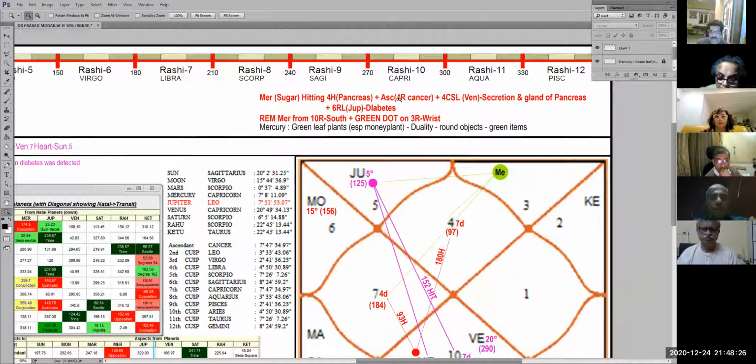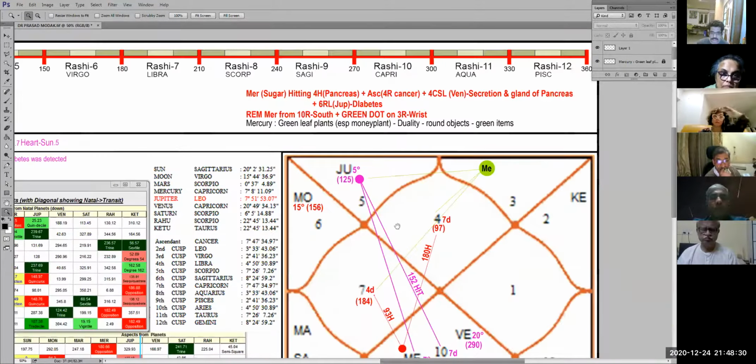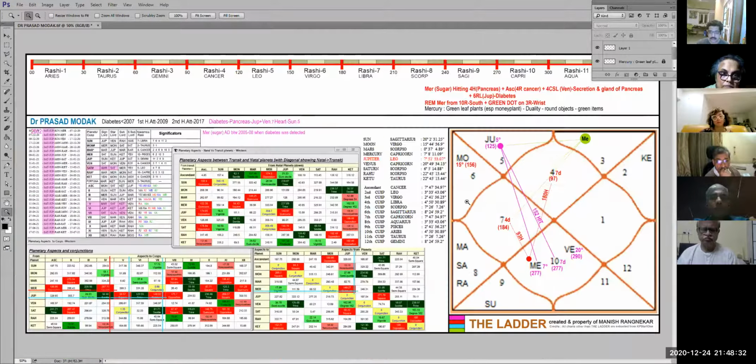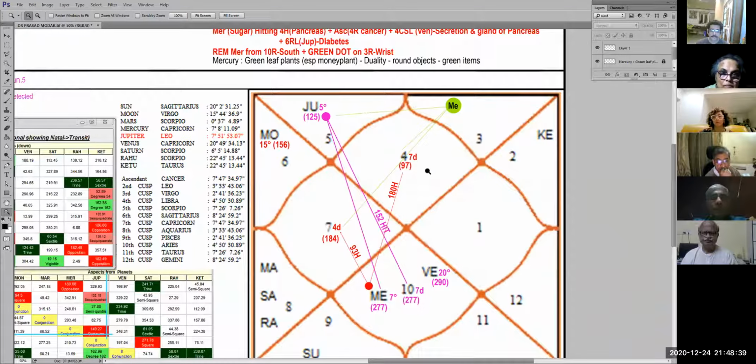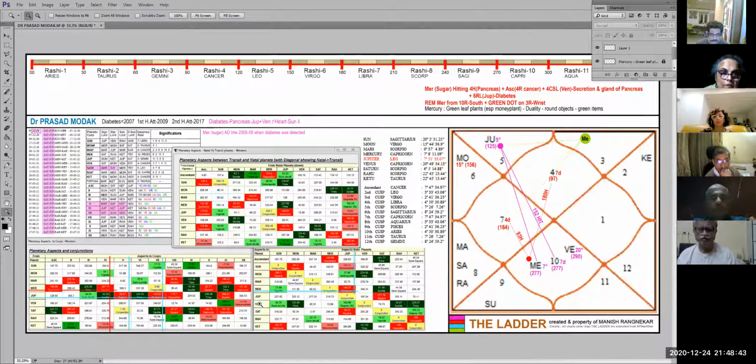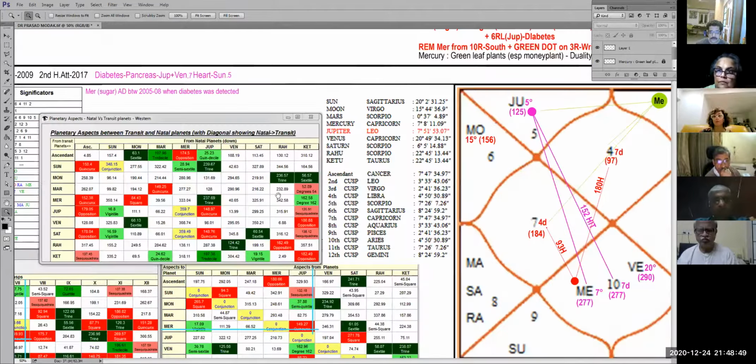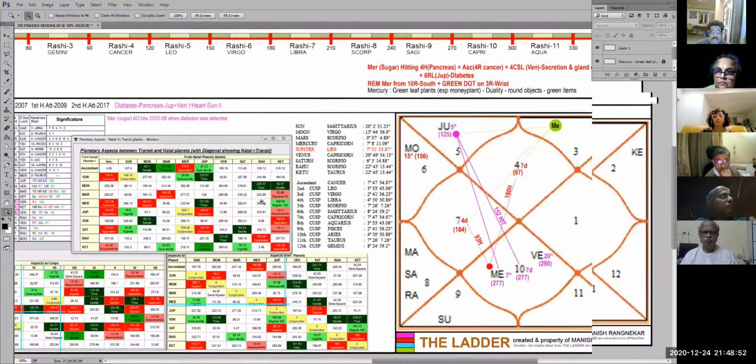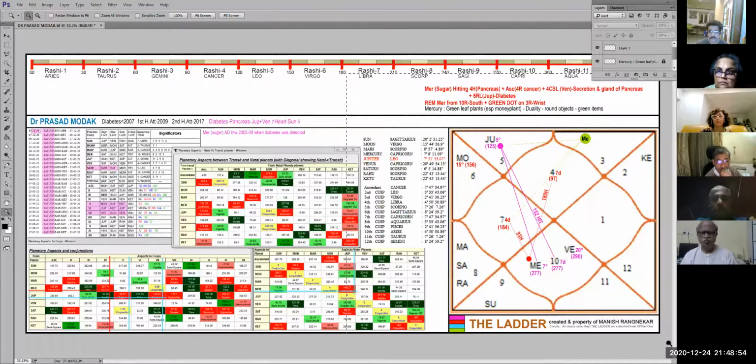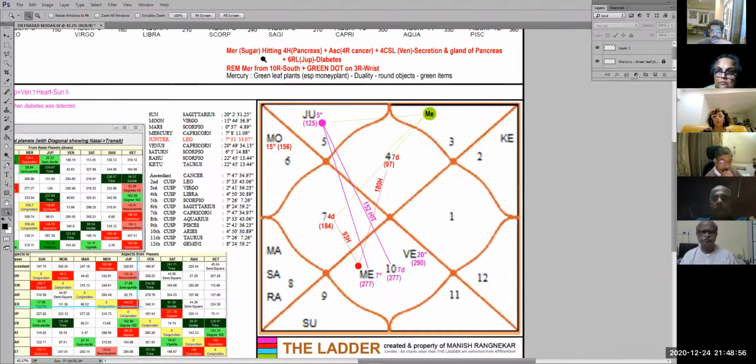The 4th house, 4th Rashi. Now, if you see the chart here, the Rashi chart itself, let us identify where these are seated. Sorry, this table is coming in the middle for me. Just 1 minute. Okay, now let's identify where these are seated.